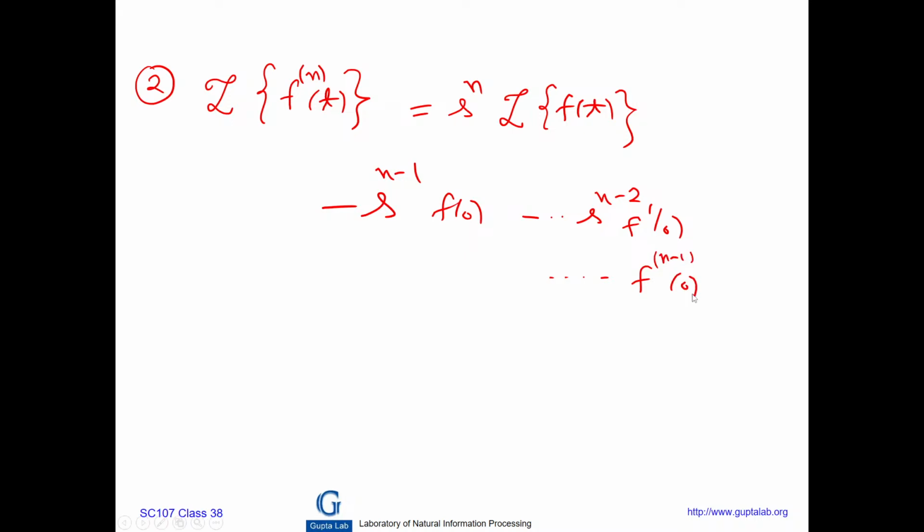That is how the general formula looks. You can compute, right? Just apply the transformation, and then you can compute this value.